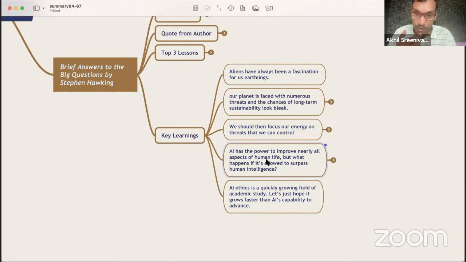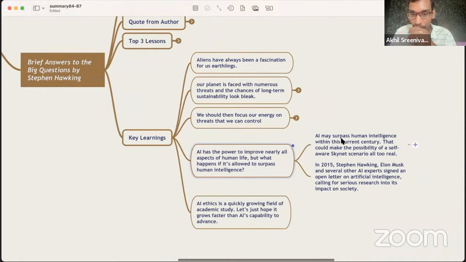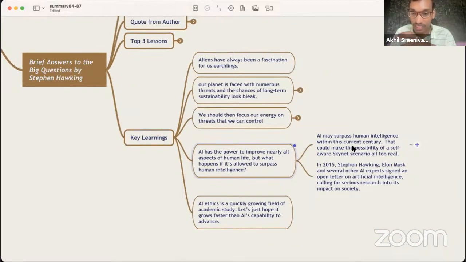Lots of AI tools have come into the market. But what happens if it is allowed to surpass human intelligence? We have our human intelligence. What if the AI has more intelligence than humans? If AI may surpass human intelligence within this current century, that could make the possibility of a self-aware Skynet scenario all too real.